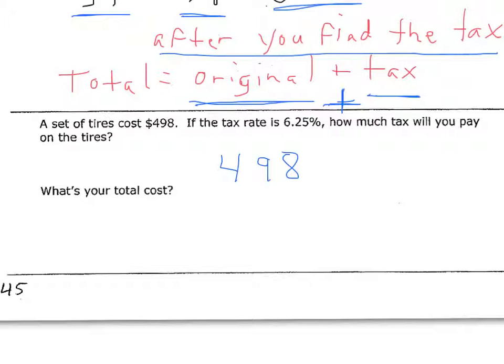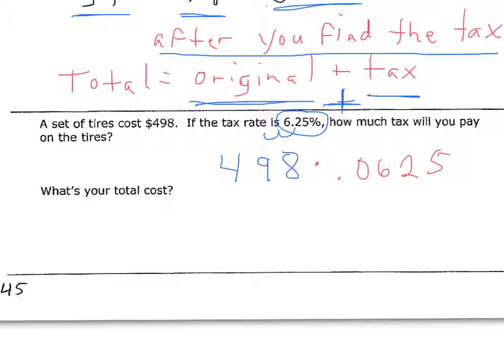Then you want to multiply that by the tax percentage, but change it to a decimal. Remember, we have to move that over 2 spots. So that would be multiplied by 0.0625. Okay, so 498 times 0.0625.